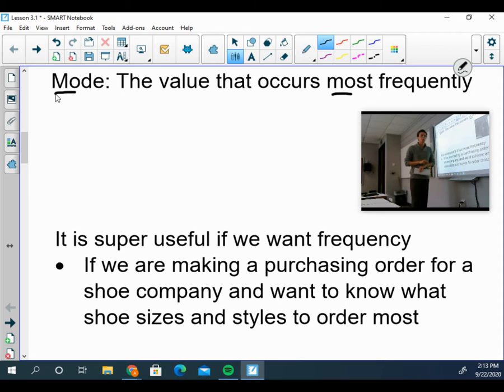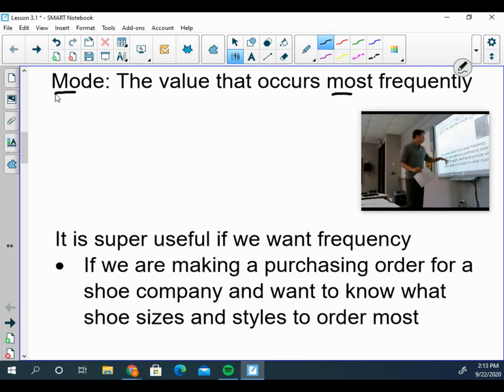Think about basketball shoes or football cleats. If I just look at the average male shoe size and order the most in my purchasing order, if I take the mean of all shoe sizes and find the average, right, that might not be accurate for my purchasing order if I'm selling basketball shoes or football cleats, because the athletes might have larger feet than normal.